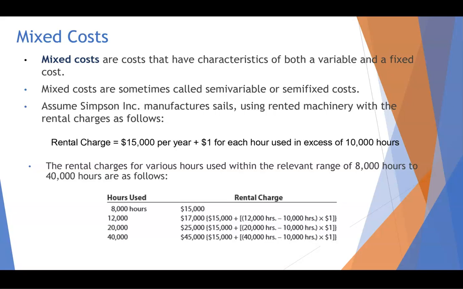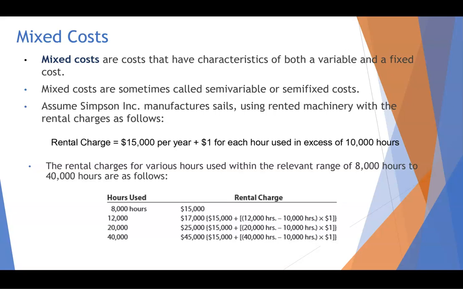So we've got a $15,000 rental charge, and then we have an additional $1 for each hour used in excess of 10,000 hours. So based on various hours used within a relevant range, we could see how the costs can change. If we've got 8,000 hours used, the $15,000 rental charge is all we've got.